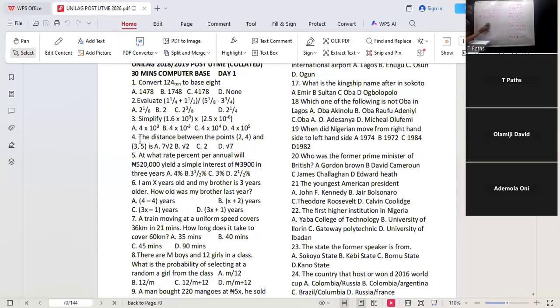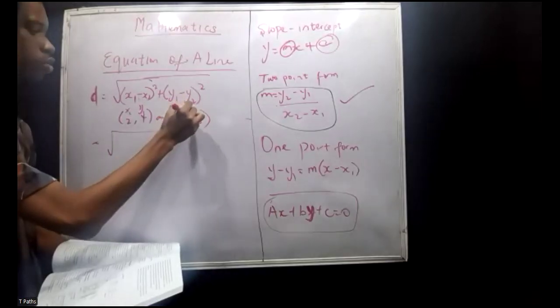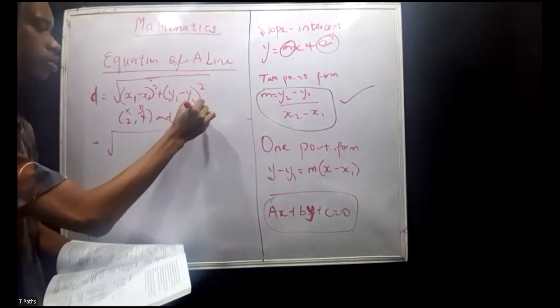All right, using the same formula, we have 2 points: 2, 4 and 3, 5. This is x1, y1. This is x2 and y2.